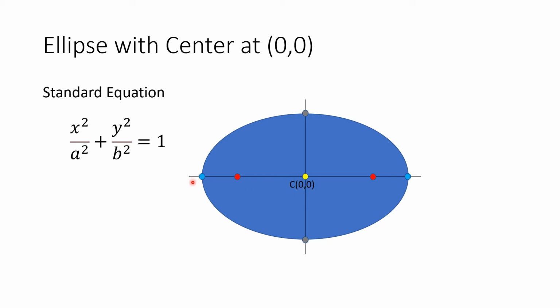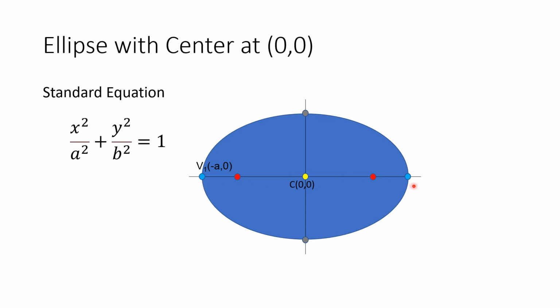So that means only the x-coordinate of the center will change. 0 minus the distance of a, that is negative a. So the coordinates of our vertex at the left side will be negative a, 0, or we can call this our vertex number 1.